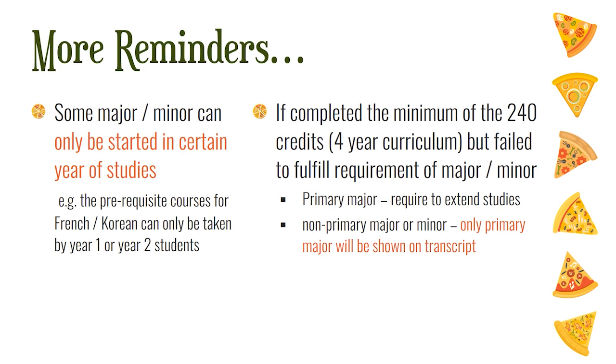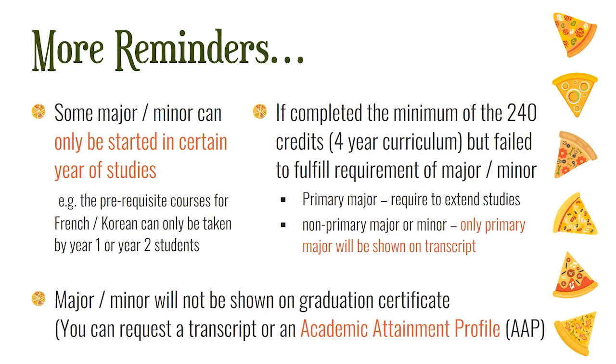But if you're talking about the non-primary major or minor, that is your second major or minor, then only the primary major will be shown on the transcript and you will be graduated as so. So you cannot say, hey, I want to be deferred in order to complete my second and third major or minor. So pay attention when you do your course planning.